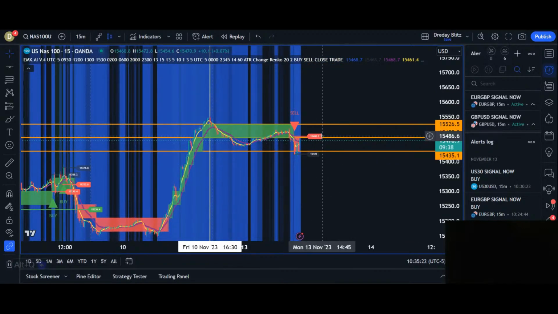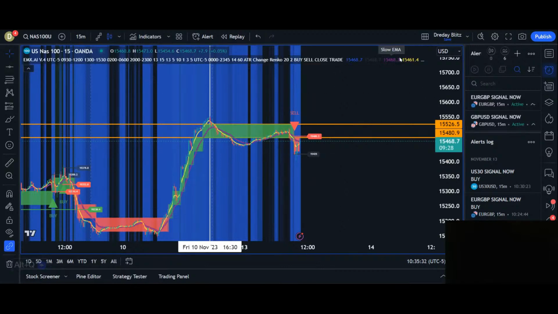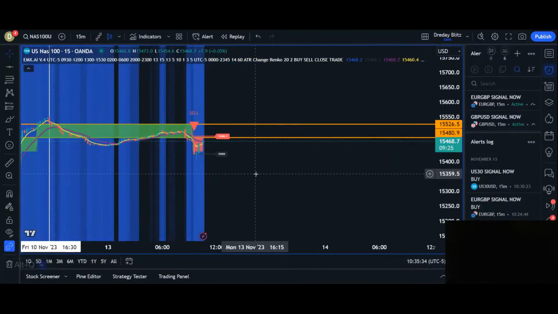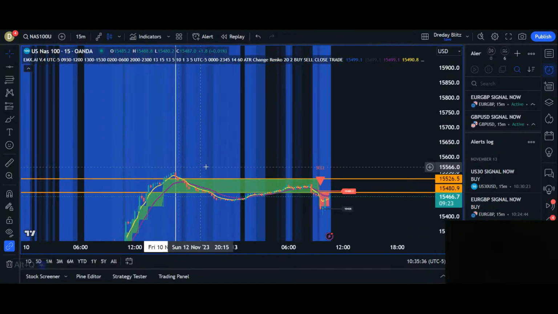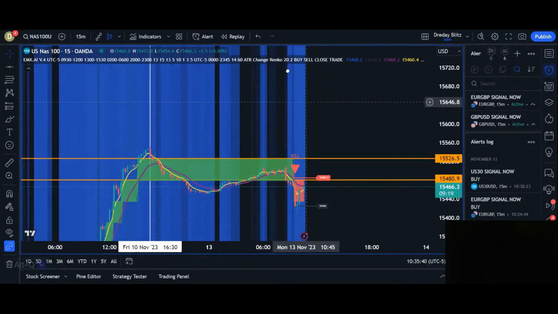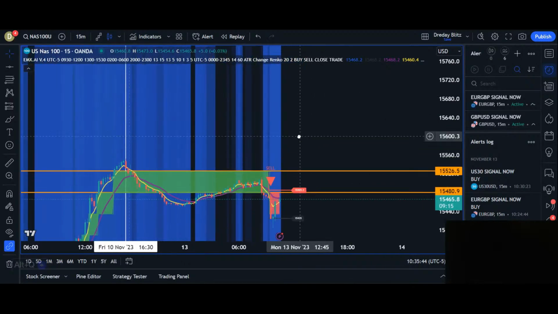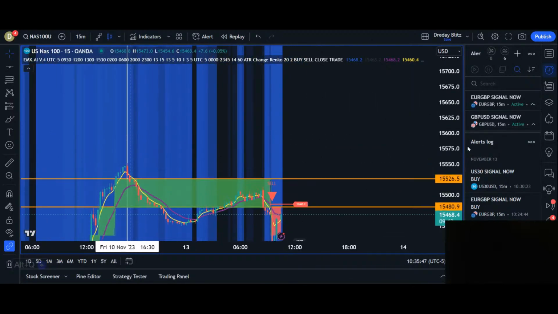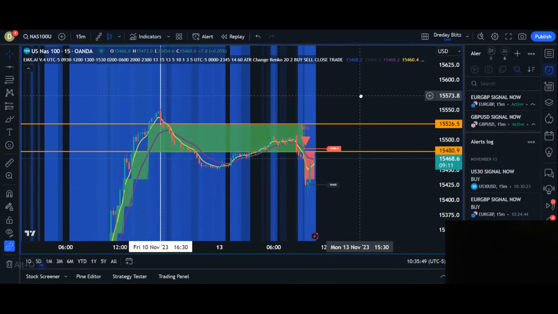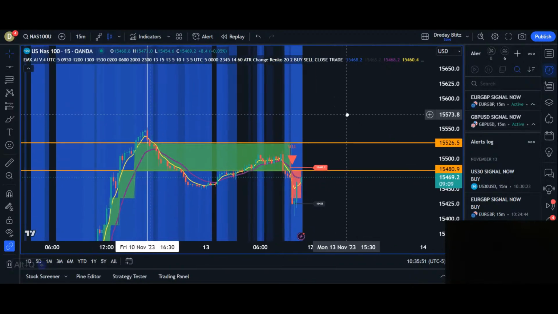Let me remove this. Perfect. Because the Renko basically tells you exactly in advance the range of where price should go.